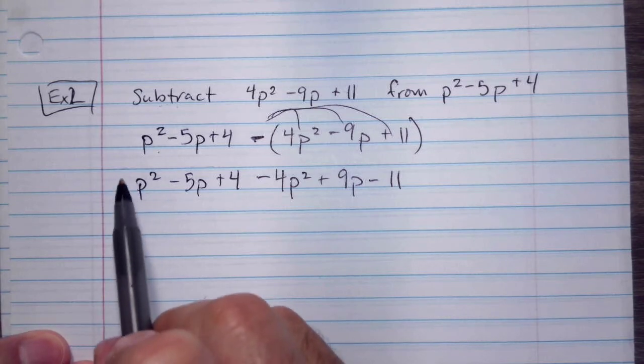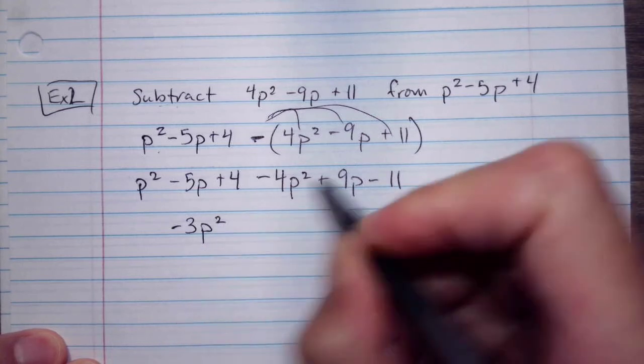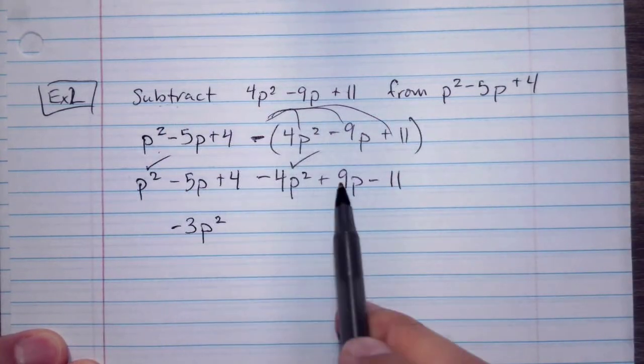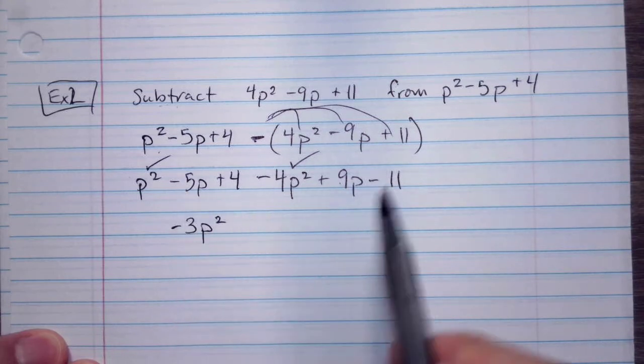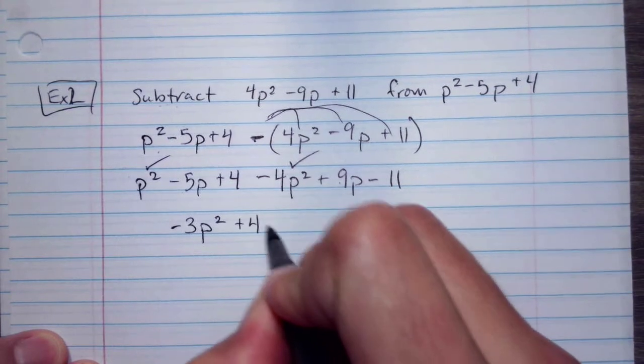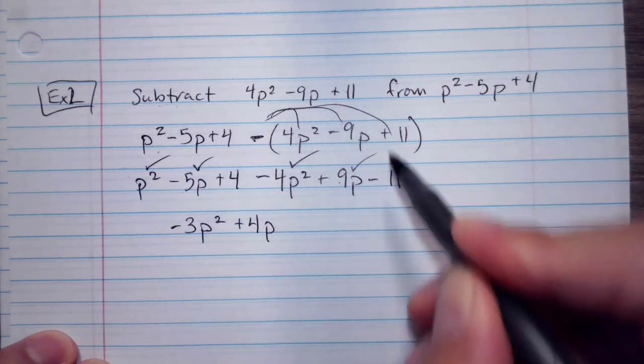So 1p squared and a negative 4, that would be negative 3p squared. Done and done. My p's, positive 9 and a negative 5, that makes positive 4p, and then done and done.